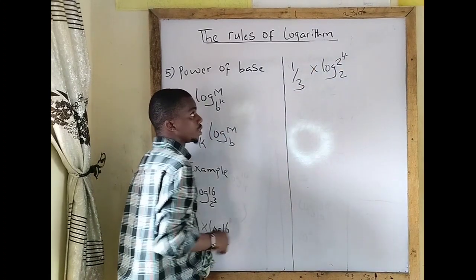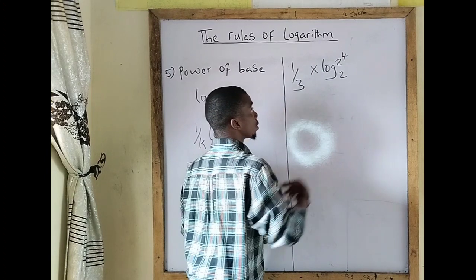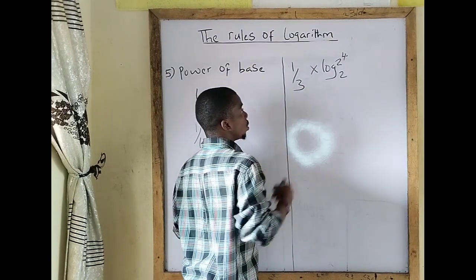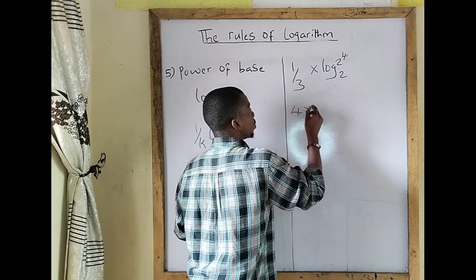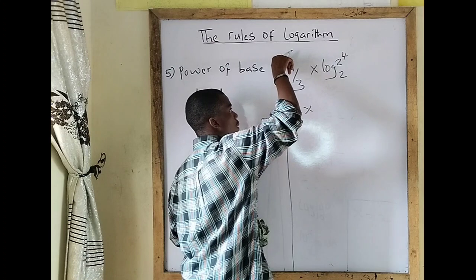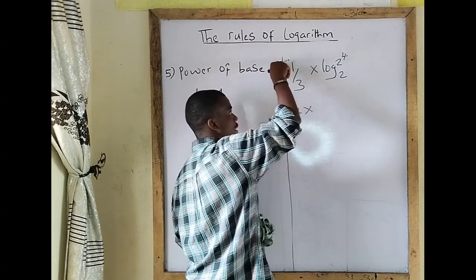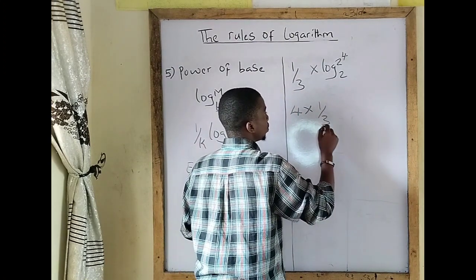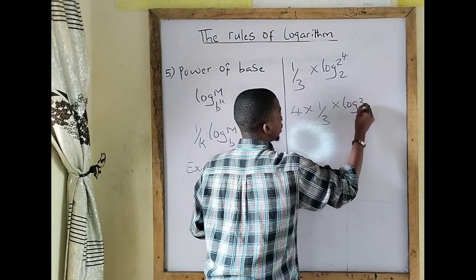So we apply the power law here, which says that whenever a log is raised to a power, you use the power to multiply by the log. So we have 4 times 1 all over 3, times log 2 base 2.